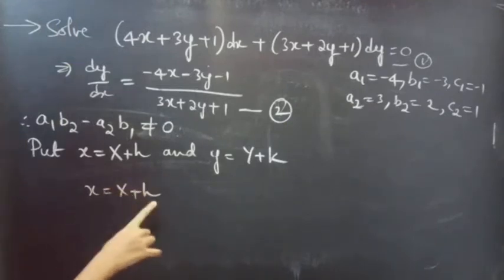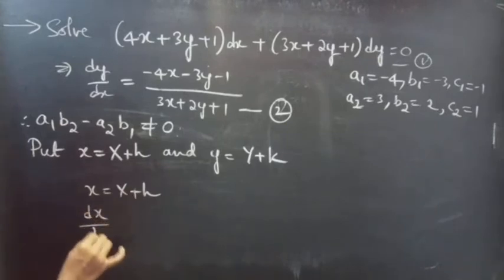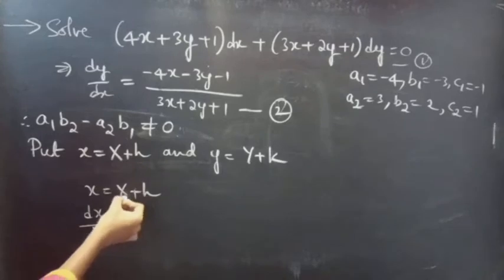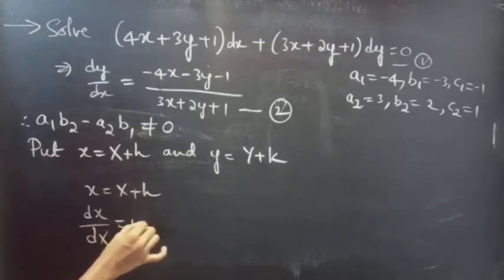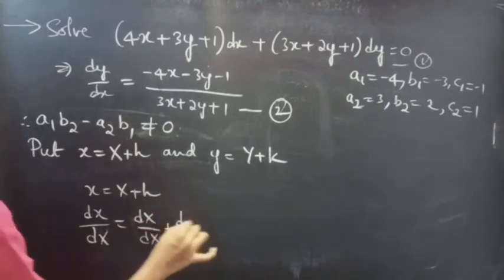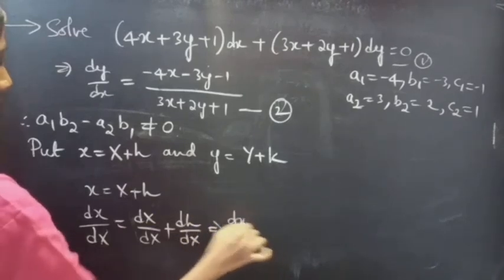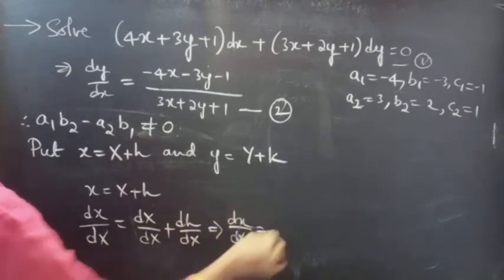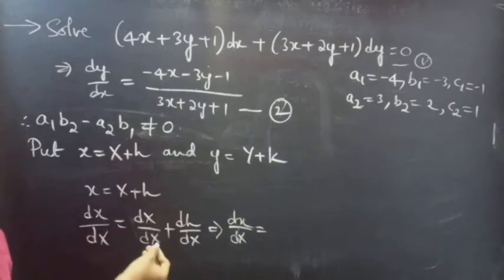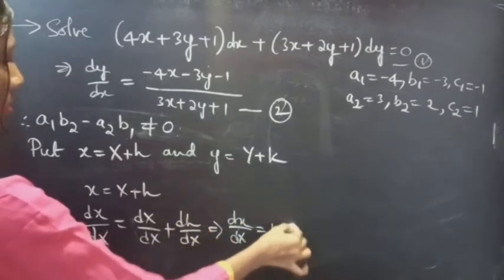If we differentiate both sides with respect to capital X, then we'll get dx by d capital X equals the derivative of capital X with respect to capital X, which is 1, plus the derivative of a constant with respect to x, which is 0.